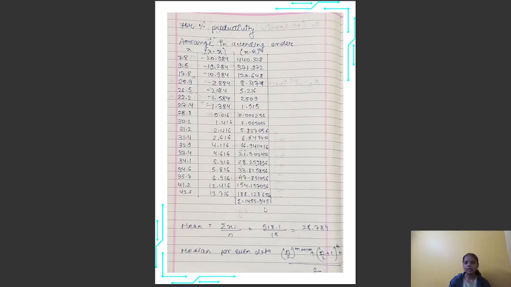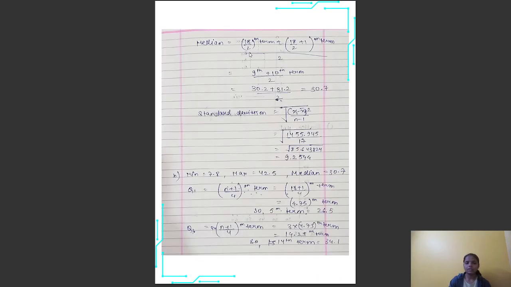Now to calculate the median, as we know that we have 18 data points, which is an even data set, we will calculate with the formula (n/2)th term plus (n/2 + 1)th term upon 2. Here our n is 18, and the ninth and 10th term should be taken from the sorted data.